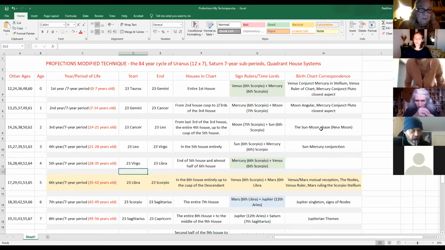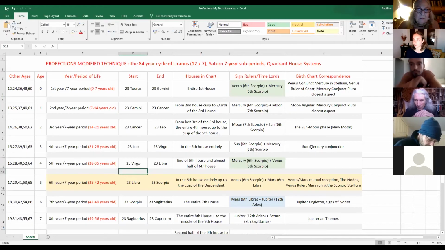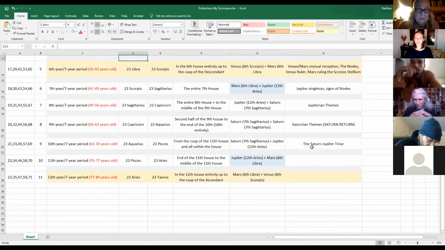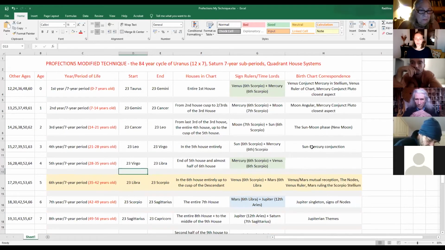And then when I did this exercise from 1 to 12, certain patterns started emerging. For example, in the first period, 0 to 7, I've got Venus and Mercury ruling the sector. And then we come to age 28 to 35, which is where I am now. I'm 33 now. And here again, we've got Mercury and Venus, the same planets.